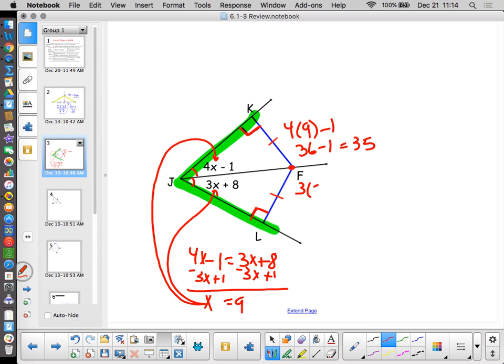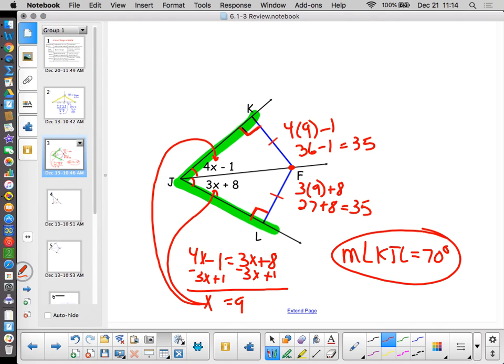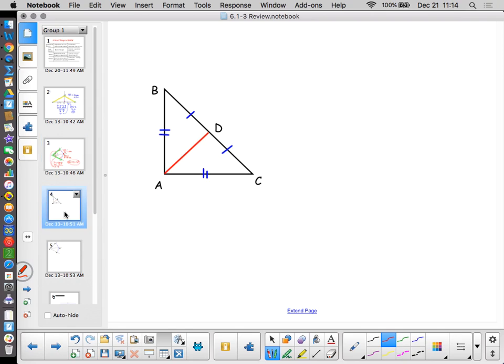And 3 times 9 plus 8 is 27 plus 8, which also equals 35. So my angle KJL is 35 plus 35, or 70 degrees. So again, make sure you answer the question that's being asked. I've said that a lot this year.